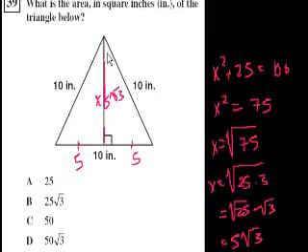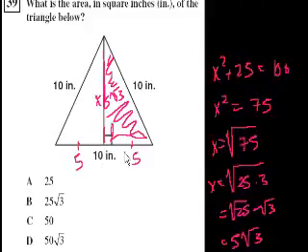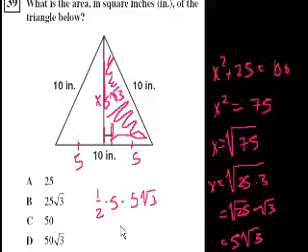And now, what's the area of just this right triangle right here? This one on the right side. Well, its base is 5. Its height is 5 roots of 3. So it's going to be 1/2 times the base, 5, times its height, 5 roots of 3. And that's 1/2 times 5 times 5, so it's 25 root 3 over 2.